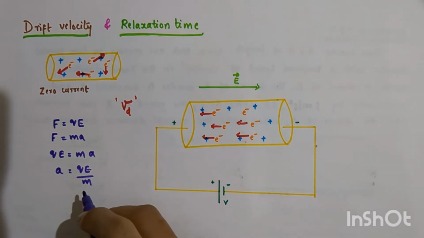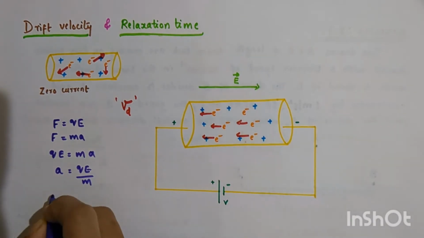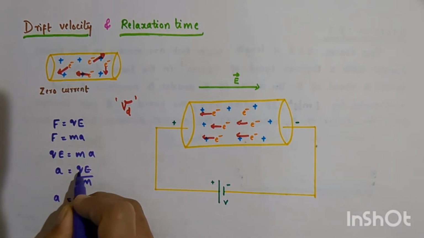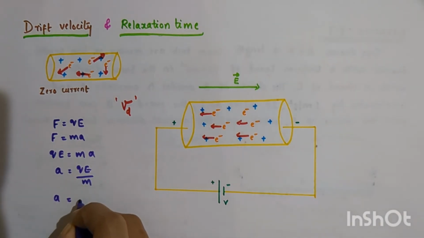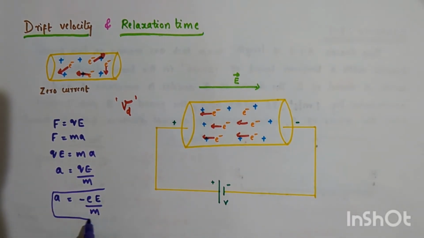So the acceleration of the electron can be written as, taking the charge of the electron as minus e, minus eE divided by m, where m is the mass of the electron. This is the acceleration of the electron.